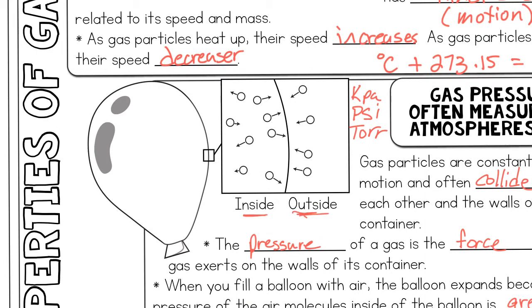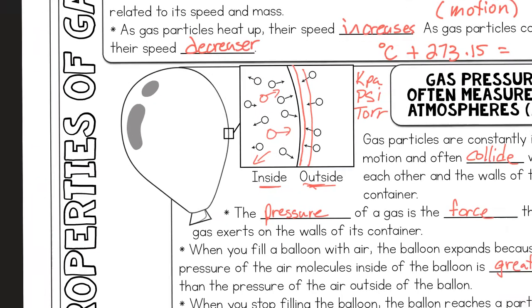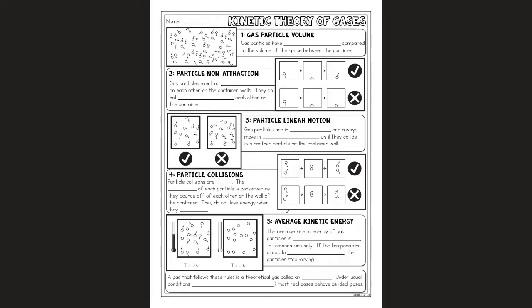When the pressure inside equals the pressure outside, the balloon is going to stop expanding. If we increase either the speed of the molecules or we add more molecules, it's going to cause this balloon to expand and get larger until finally the pressure outside equals the pressure inside.